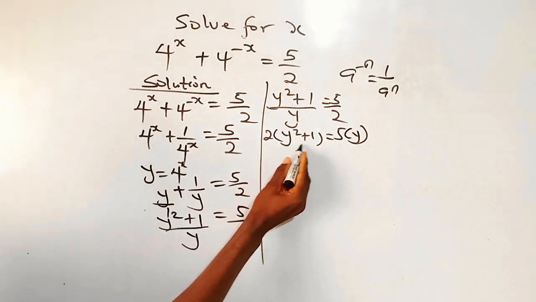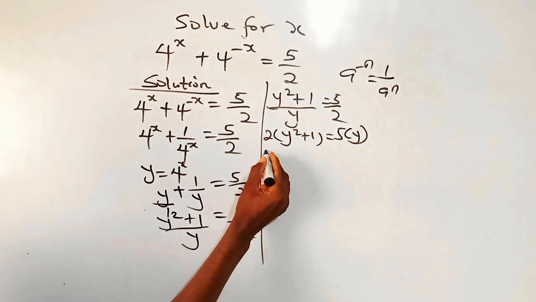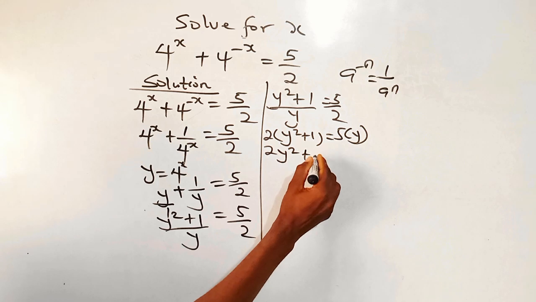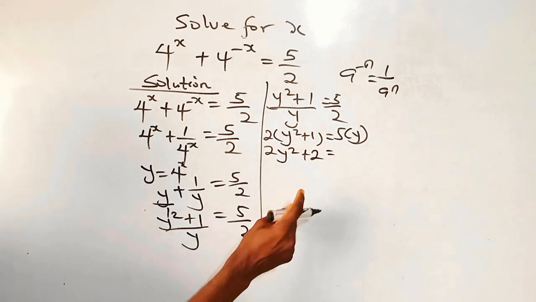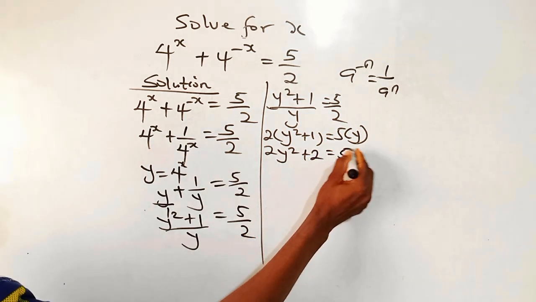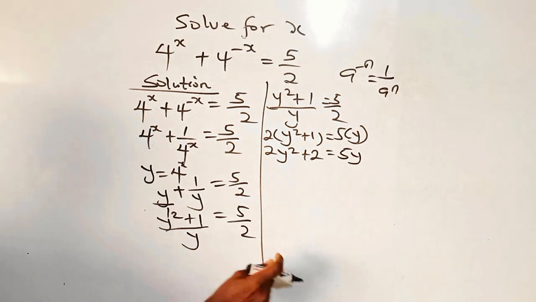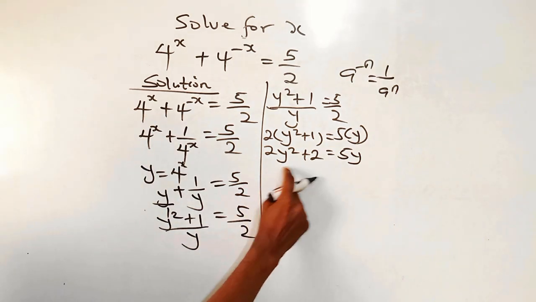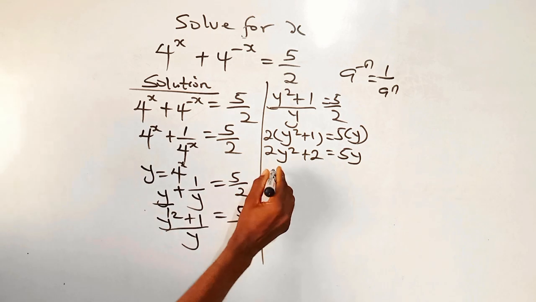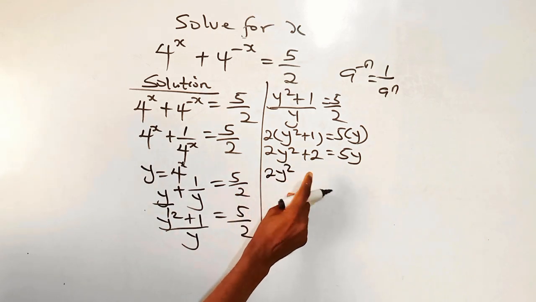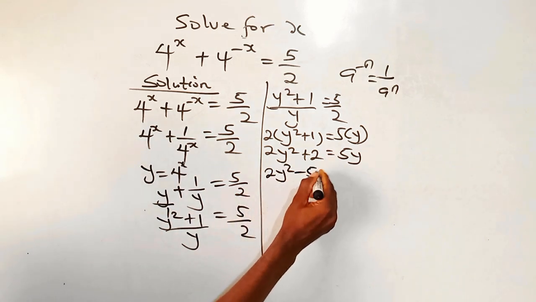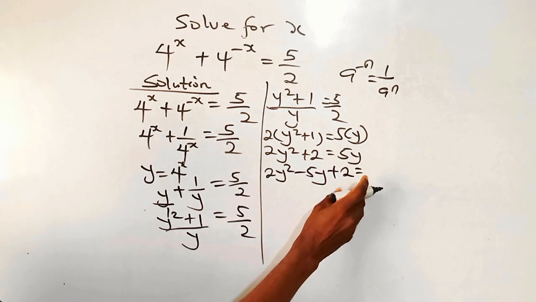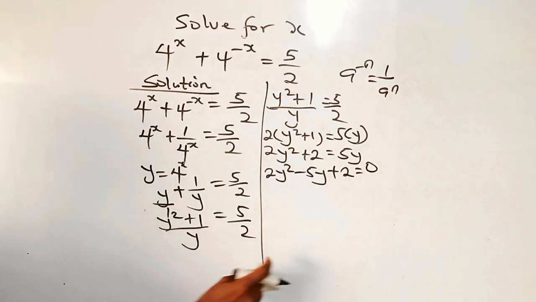When you open up the brackets, 2 times y squared is 2y squared, plus 2 times 1 is 2, equals 5 times y, which is 5y. So I can write this equation in quadratic form: 2y squared minus 5y plus 2 equals 0.